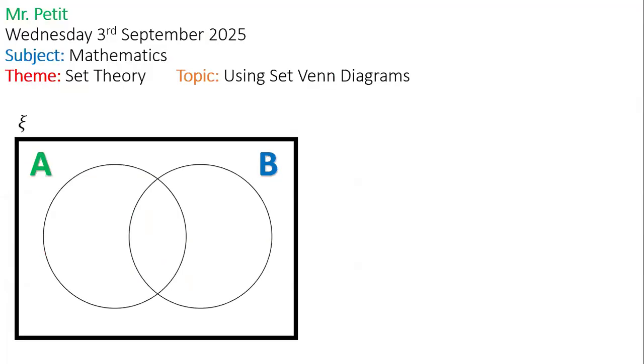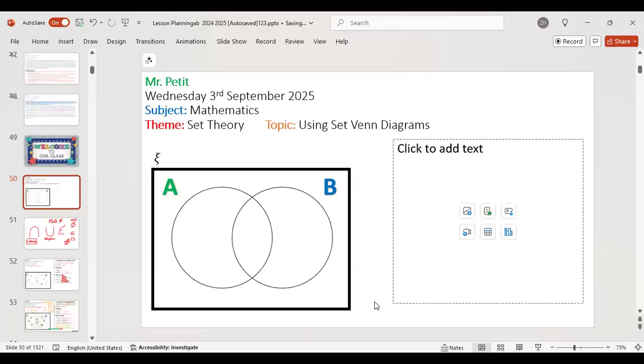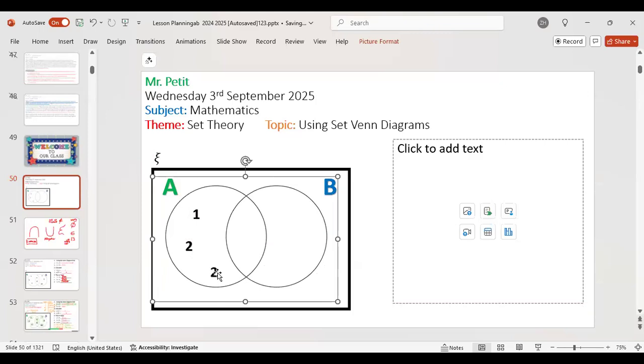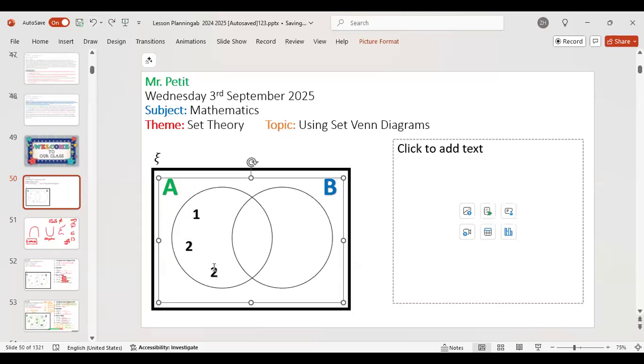And so let's do that. We're gonna put some numbers inside of it. So let's say that we have 1, 2, 3. Well, let's just not include 3. Let's just say 4.